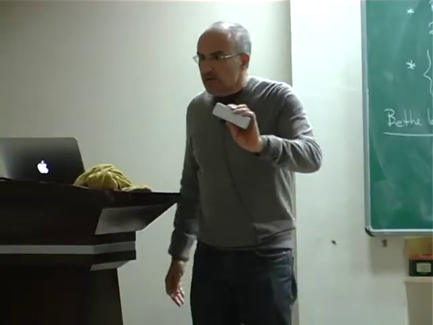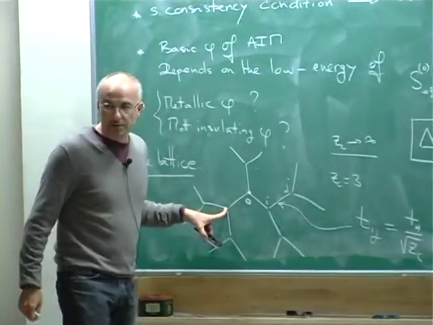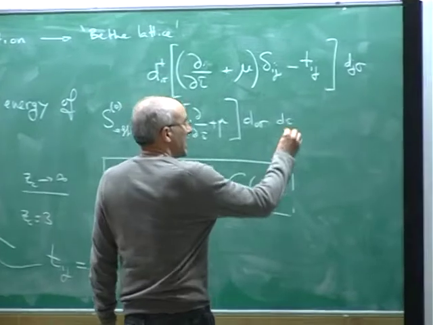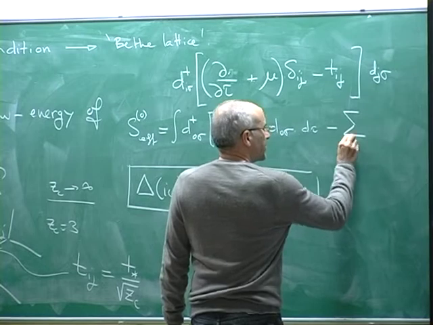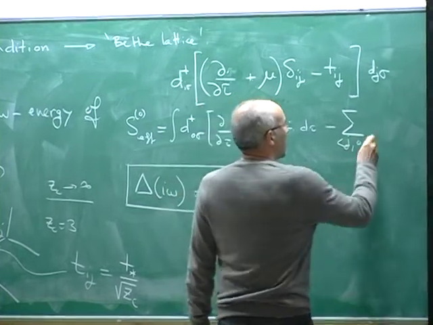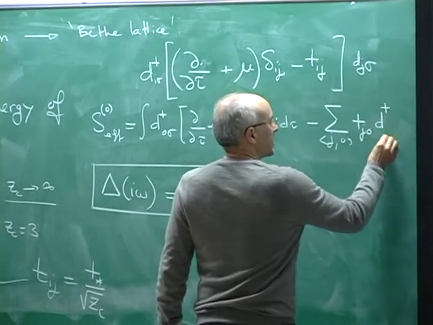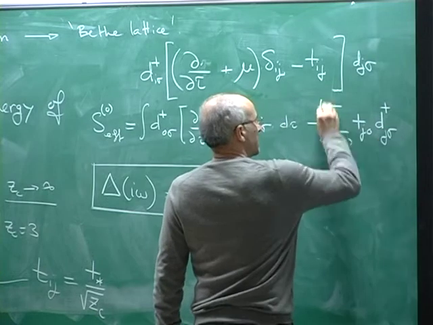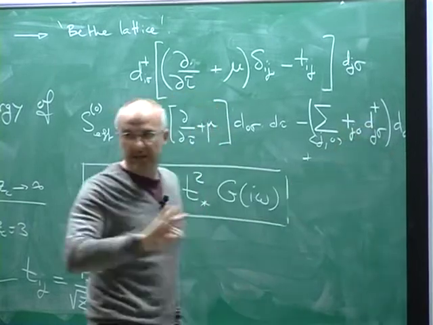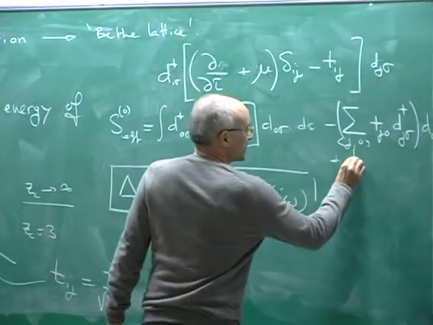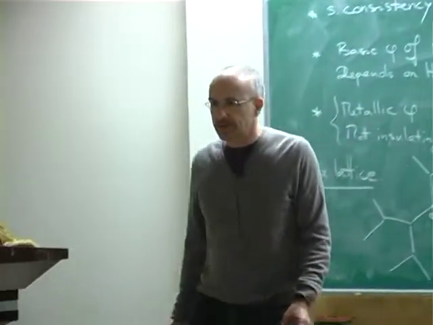All the other terms couple this site to the neighbors, so here I have a sum for all the j neighbors of 0 of Tj0 d dagger j sigma times d0 sigma, plus the other term in which I would interchange the dagger and the non-dagger. So this is a term that is linear in d0 sigma. This is a term which is quadratic in d0 sigma.